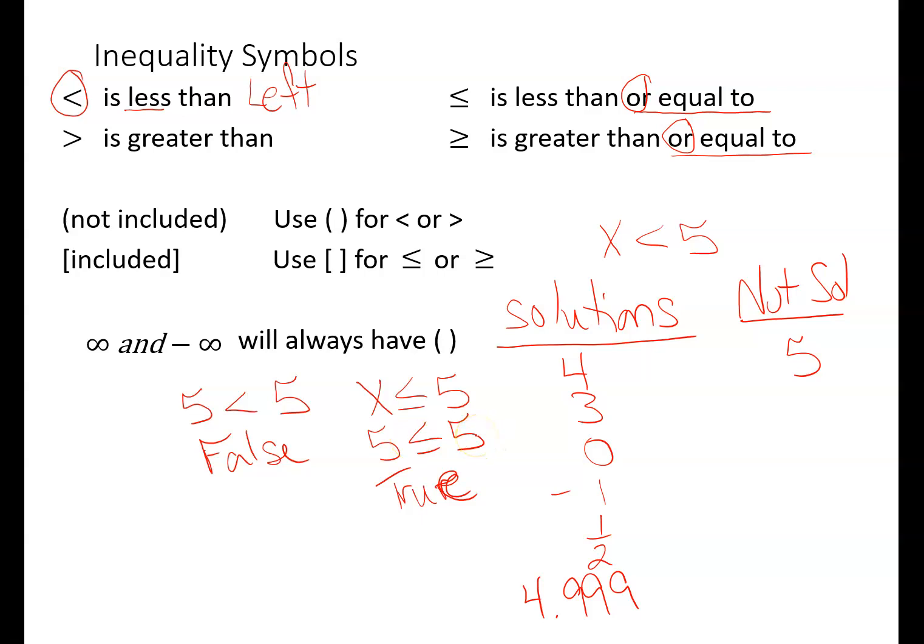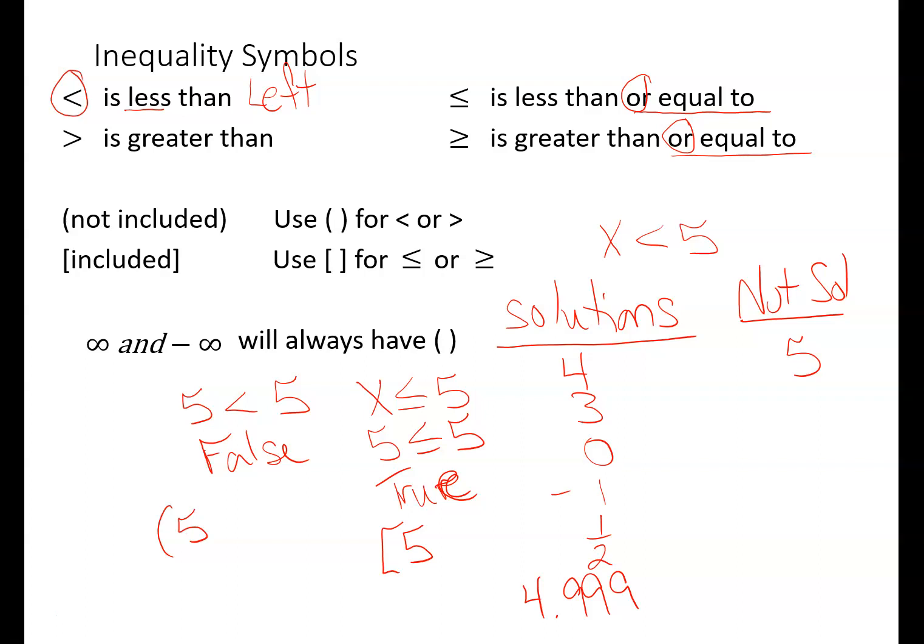The or indicates it just has to be one of those. So here it would be the equal part that makes it true. And for that inequality, 5 would be a solution. It would be included, and so it would have square brackets on it. Over here, 5 would have parentheses on it.